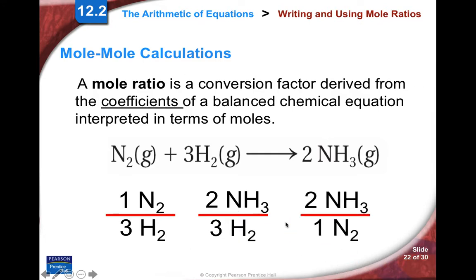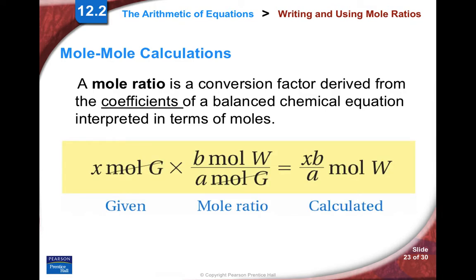And then another way to think of it is however many nitrogen molecules you have, you'll make twice as many ammonia molecules, assuming you have enough of the hydrogen. So anytime you're looking at this recipe, it assumes you have enough of the other element or compound to make what you're going to make.